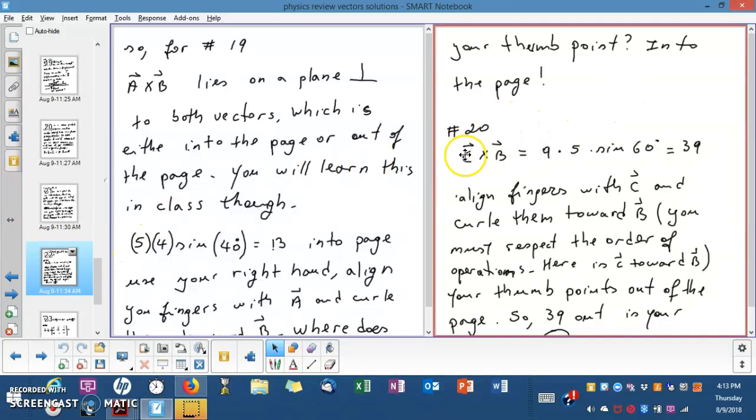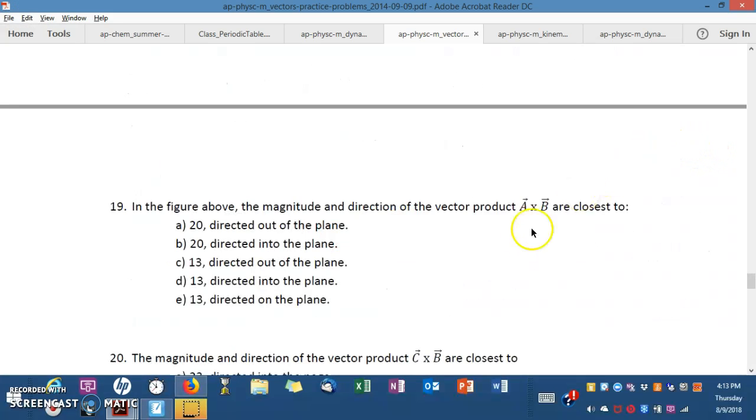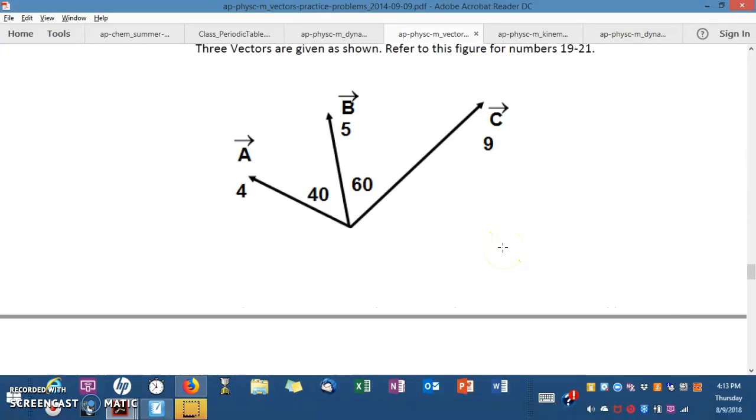And then for 20, now you have C cross B. So you still have to do 9 times 5 times the sine of 60, which is 39. Again, it's into the paper or out of the paper. So you have C cross B. You point your fingers along C and you curl toward B. Where is your thumb pointing?